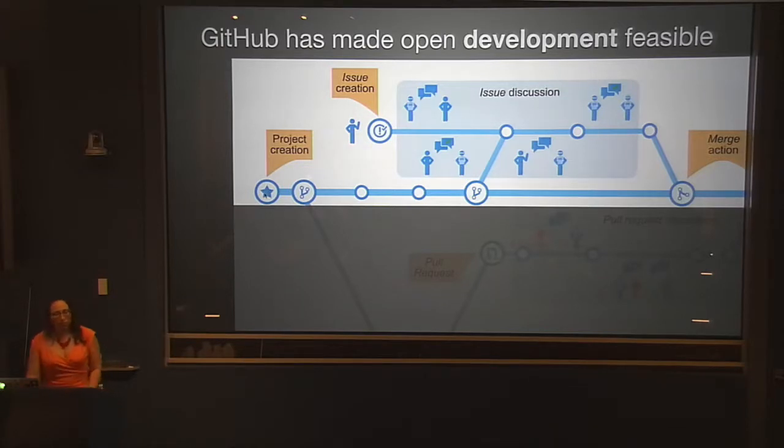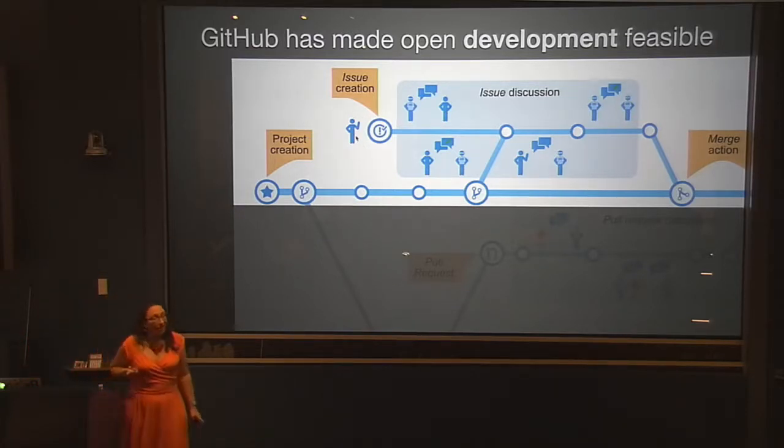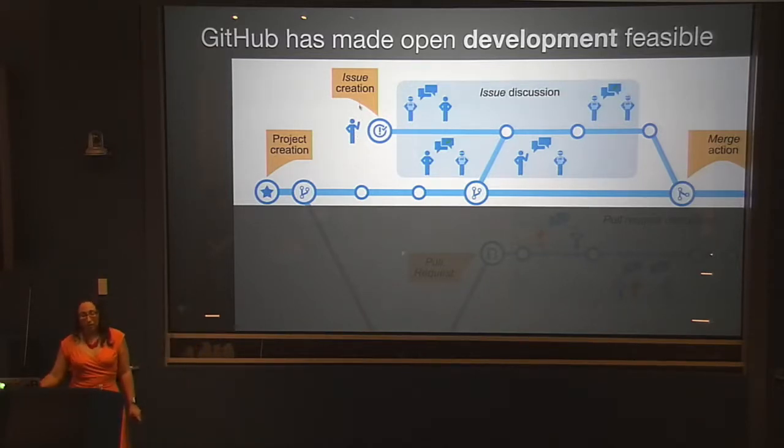They create the project, and then there are some users who use it. In this particular case, this user says, hey, wouldn't it be great if the code did this in addition to the stuff it already does? And so this is posted as an issue to GitHub on the internet. The team discusses it with the user. There's some changes made to the code.